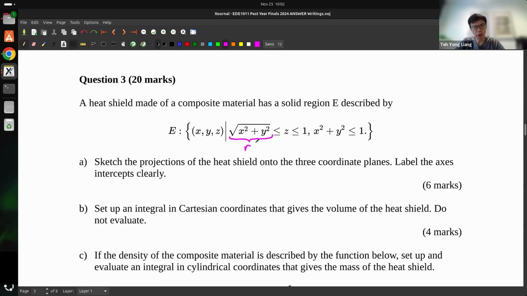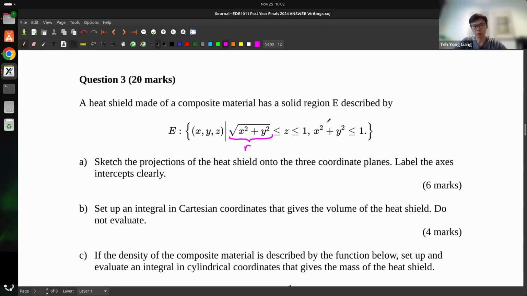So cylindrical coordinates will probably be most advantageous, such that you can perform the integration more easily. Therefore, it will be from z equals r to z equals 1. It looks like a cone, which is something that we have seen before.